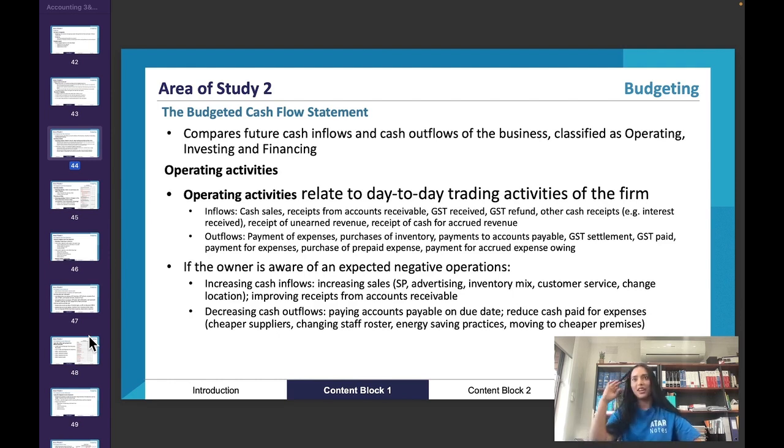A lot of times accounting students just assume that budgeting is just predicting what's going to happen and then seeing if what happens is the same as what we predicted, but that isn't actually the case.